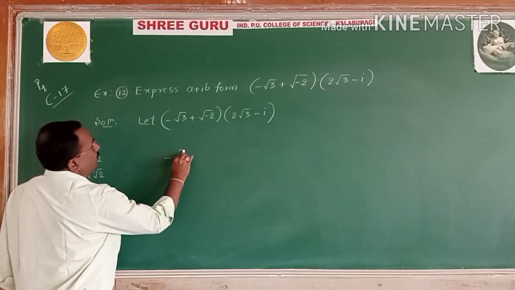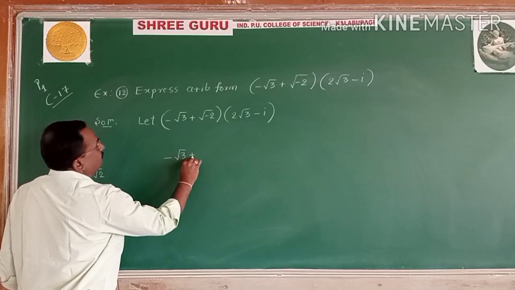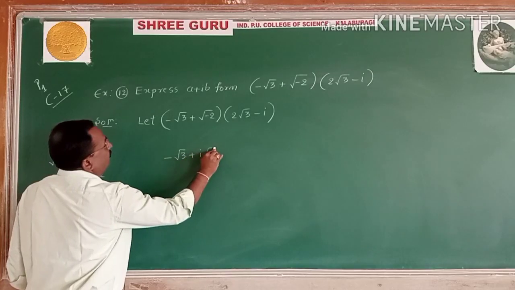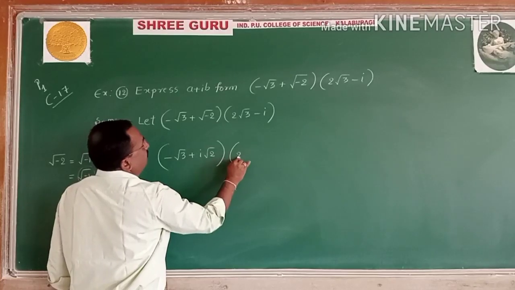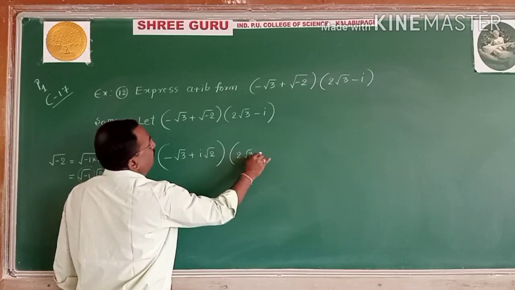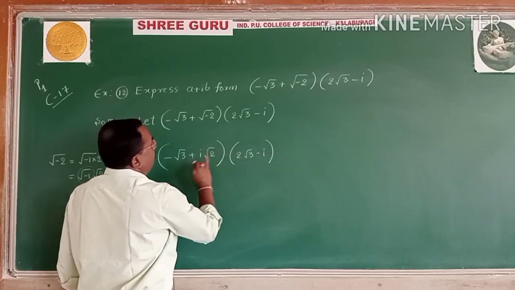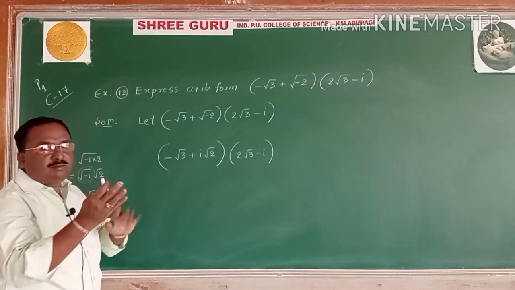Substitute. Minus root 3 plus i times root 2, product 2 root 3 minus i. Product of 2 complex numbers.